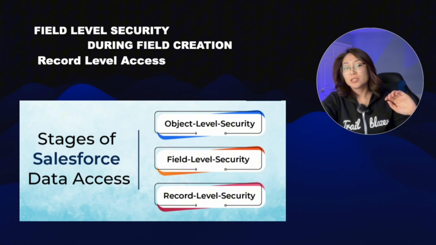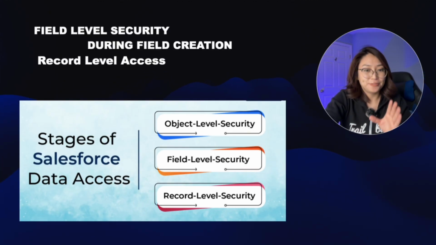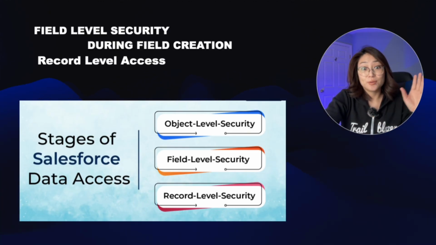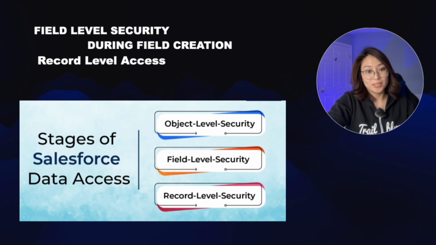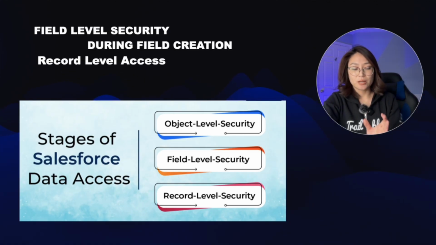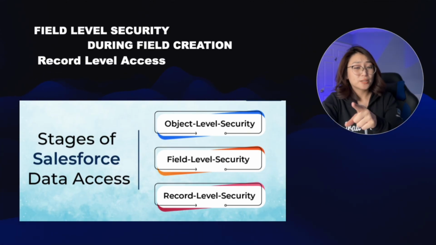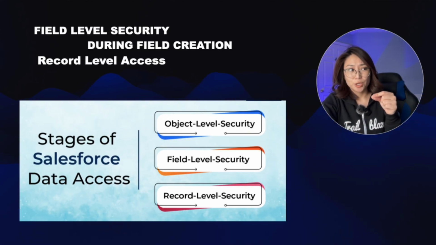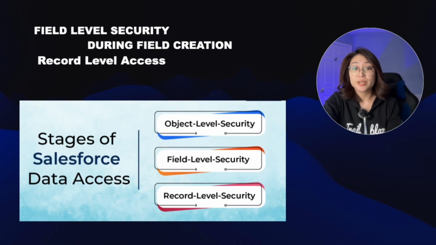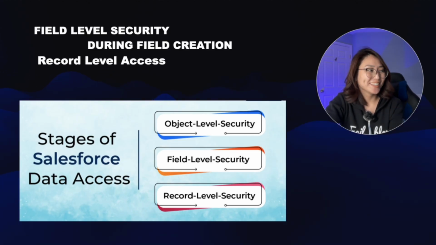Field level security controls whether a user can see a field and whether they can edit it. This again is controlled through profiles and permission sets. So field level security answers the question, which pieces of information can I see or edit, right?